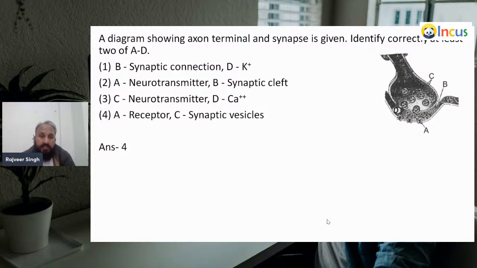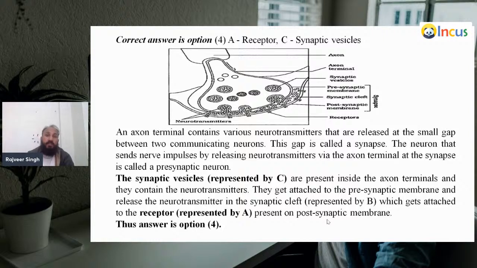C is the neurotransmitter and D is the calcium. And A is the receptor and C is the synaptic vesicles. So C is the synaptic vesicles. Answer will be fourth. A is the receptor and C is the synaptic vesicles.